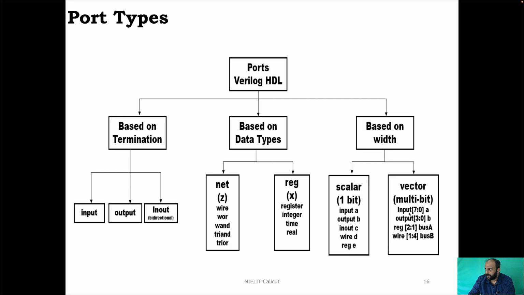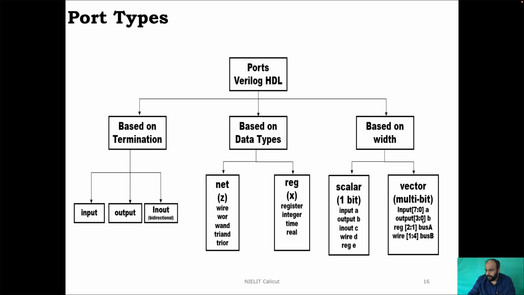The other type of ports based upon the width of data it can accommodate is called vector port. Vector port can accommodate multiple bits of information. For example, you see the declaration input [7:0] A. It is pronounced as 7 down 0. Here it means the port A is of type input and it can accommodate 8 bits of information, that is bit position 7, 6, 5, 4, 3, 2, 1 and 0.